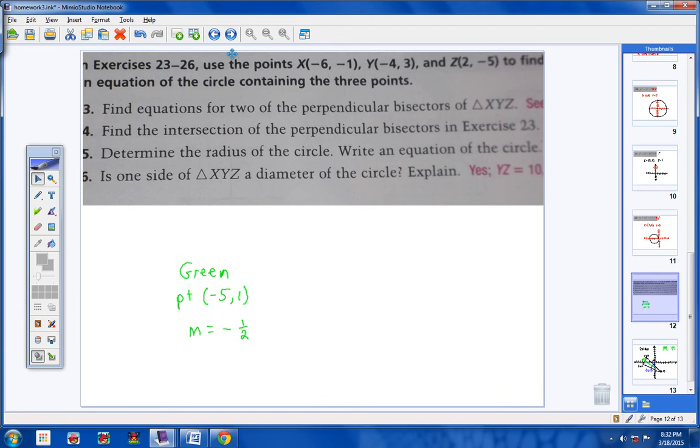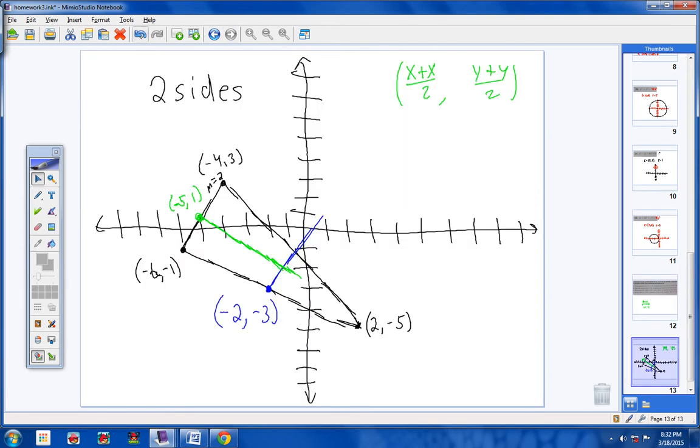Now, next, let's talk about the blue line for a second. Okay, for the blue line, I need a point that lies on the blue line, and I have a point, negative 2, negative 3. I just need the slope.